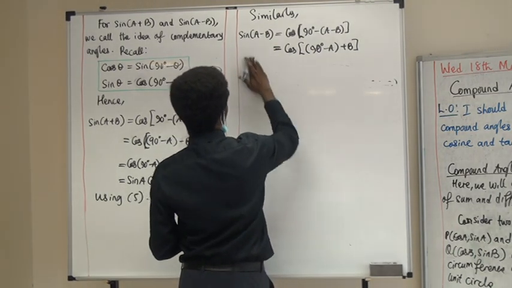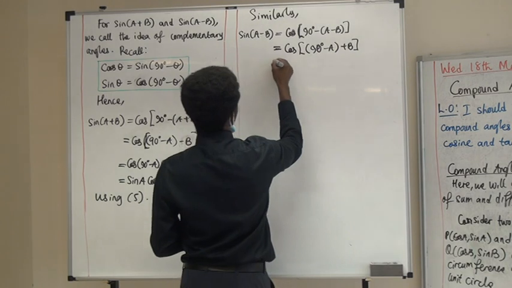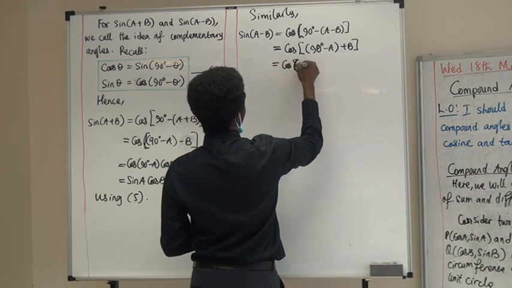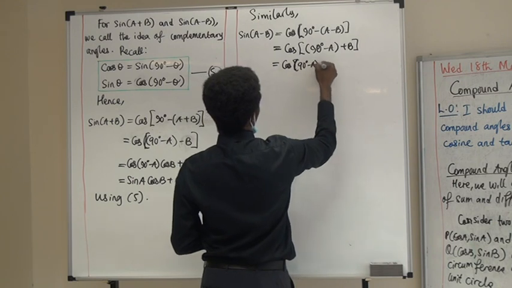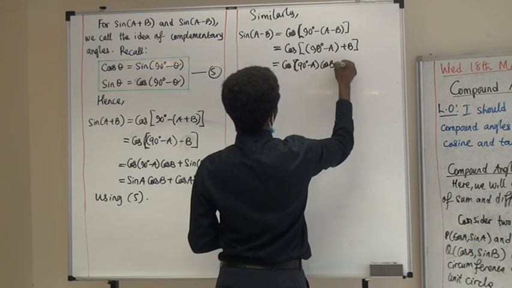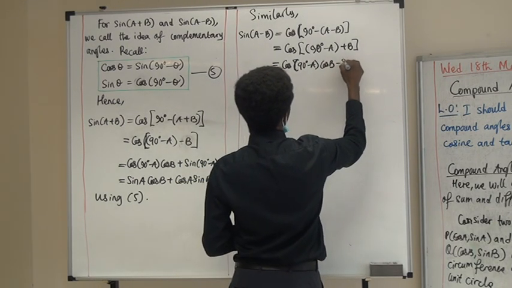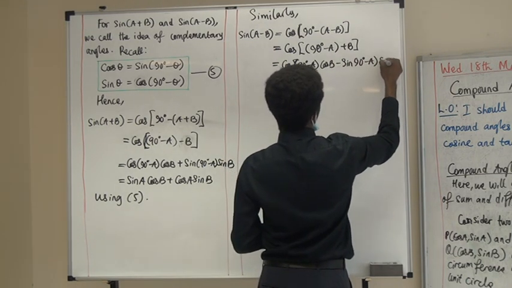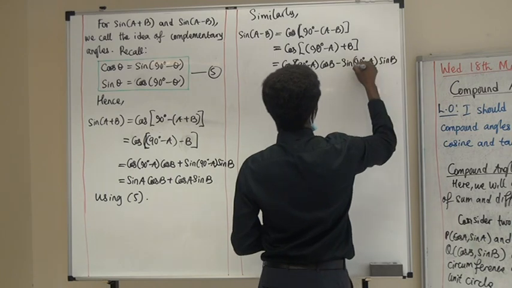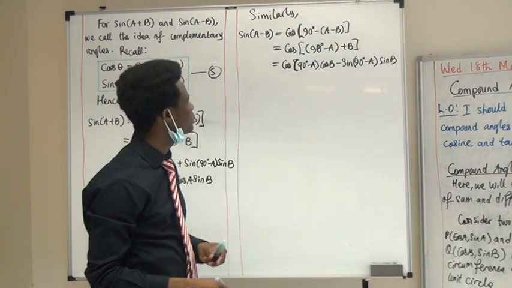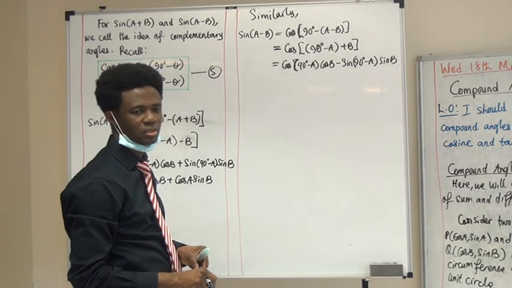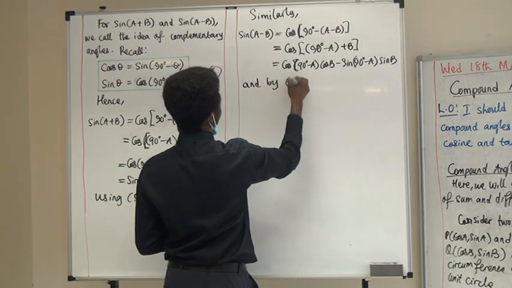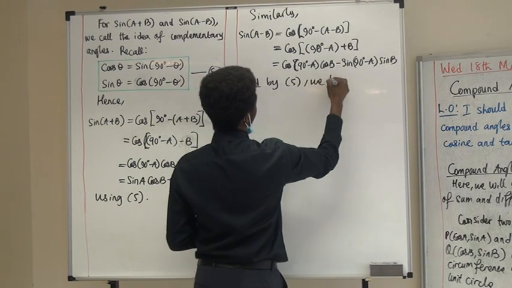We should expand before I state it. You understand what I mean? So this is cos (90 minus A) cos B minus sine (90 minus A) sine B. Is it correct now? Yes. Okay.